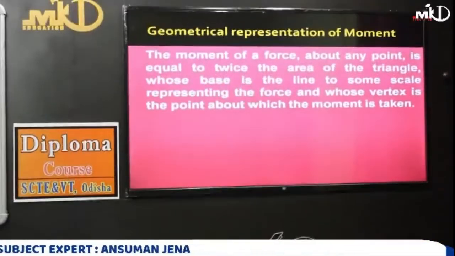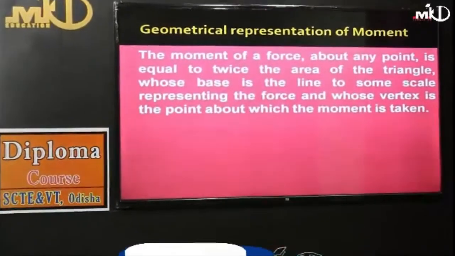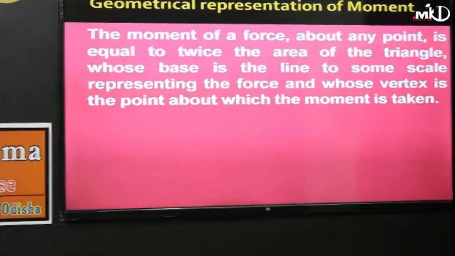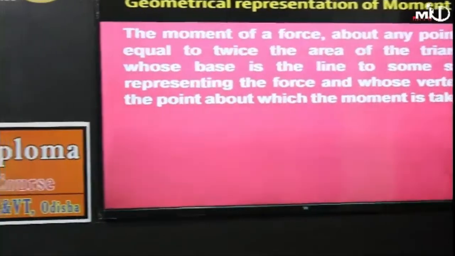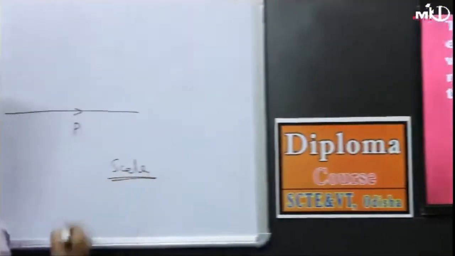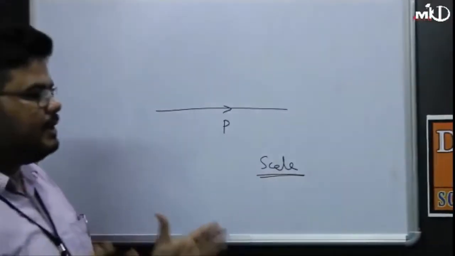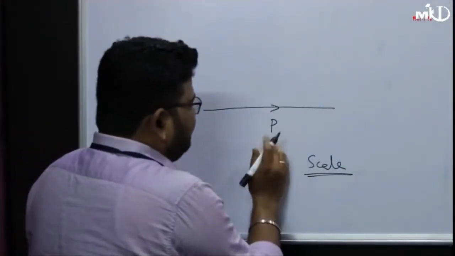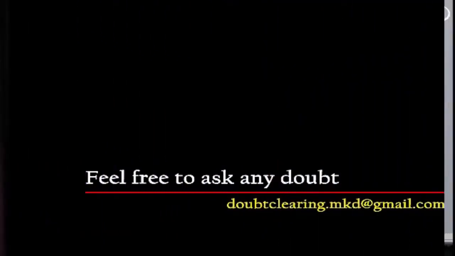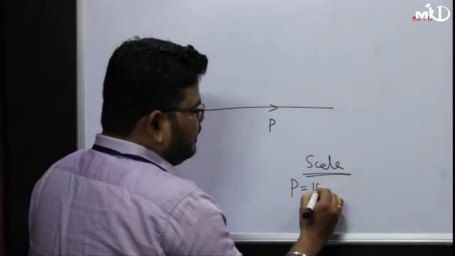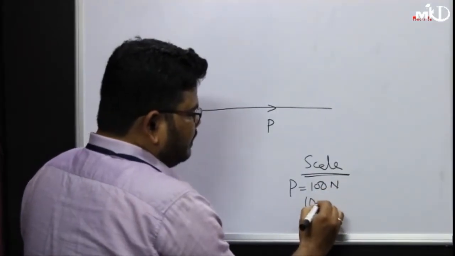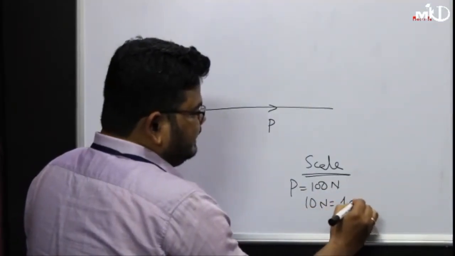So let us take a force P to a scale. Scale means an easy way to represent a bigger thing in a small area. For example, if P is a force equal to 100 Newton, I will take 10 Newton equal to 1 centimeter.